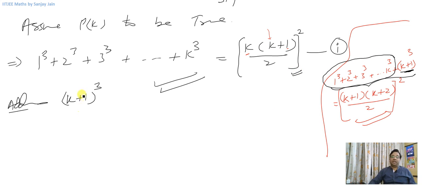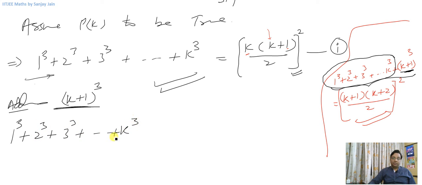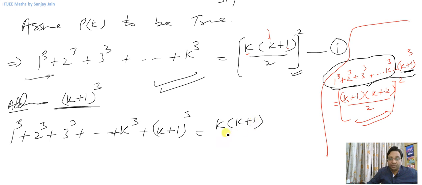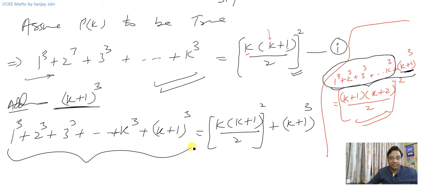Okay, but what I'm doing is I'm using this statement and adding (k plus 1) cubed on both sides because I already know what I require. So k cubed plus (k plus 1) cubed, and on the right hand side I have got (k into k plus 1 by 2) whole squared plus (k plus 1) cubed. So my left hand side is achieved.